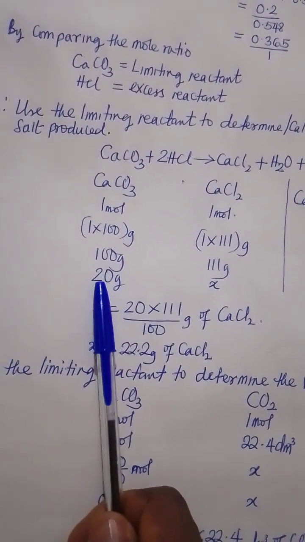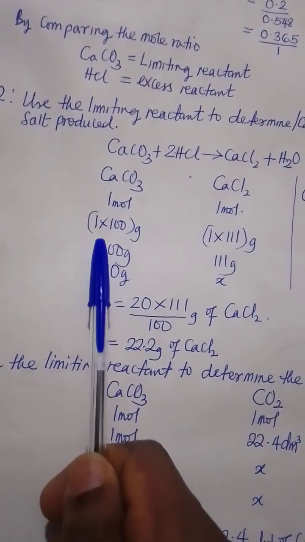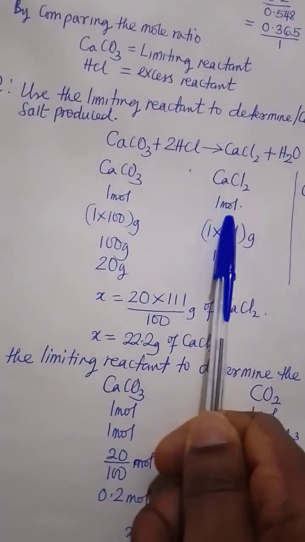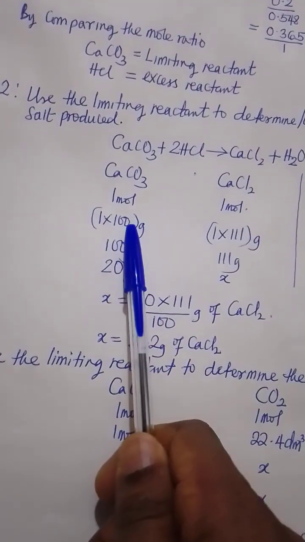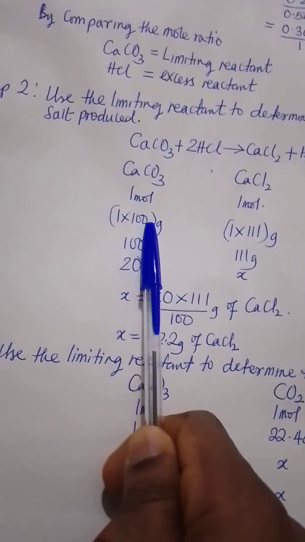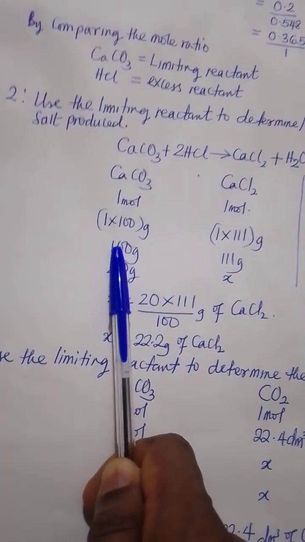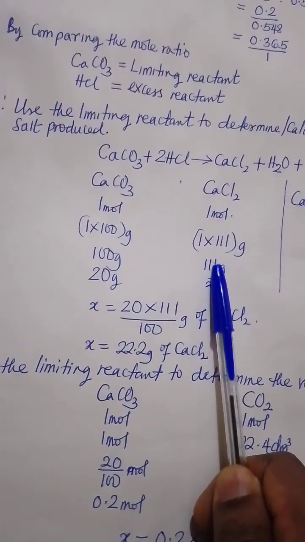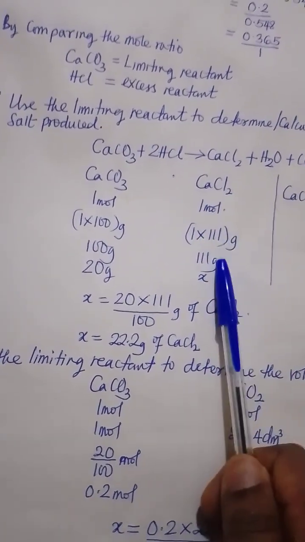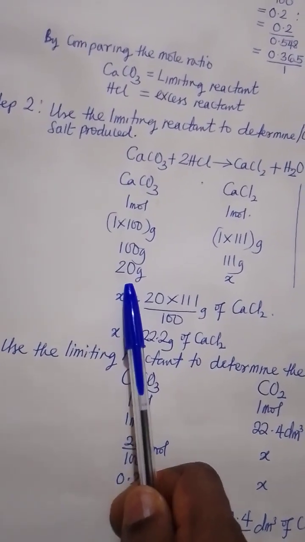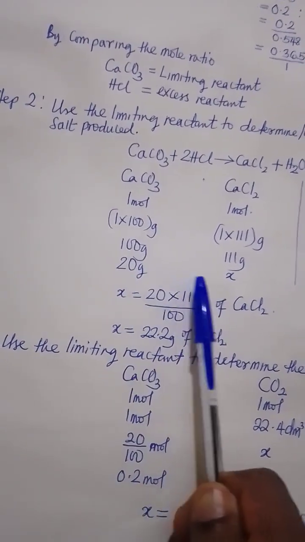And so from the equation, don't forget we started with 1 mole. We converted the mole to mass, to gram, and that gave us 100 gram for CaCO3, 111 gram for CaCl2. And then from the question, from the reaction, 20 gram will react with X.